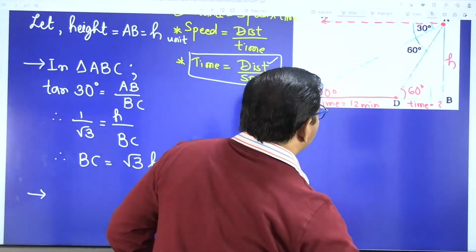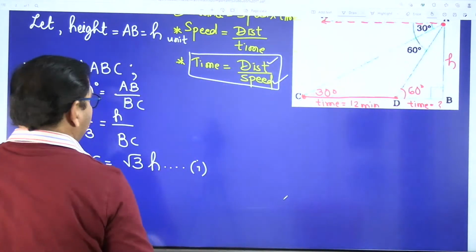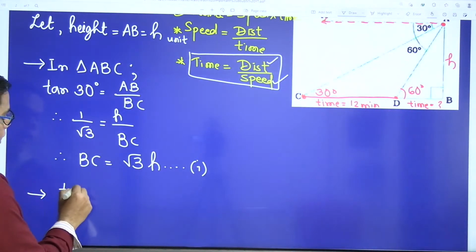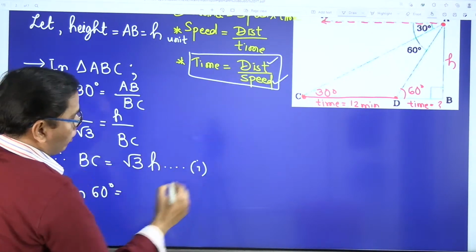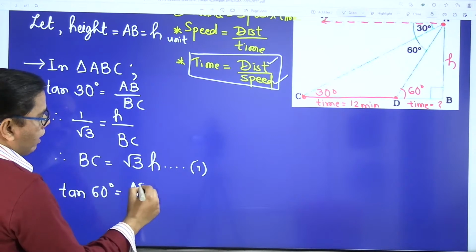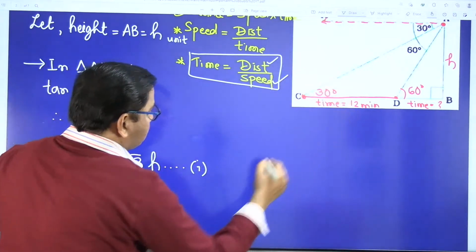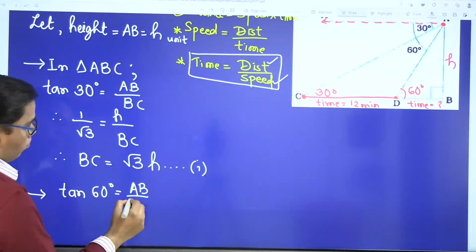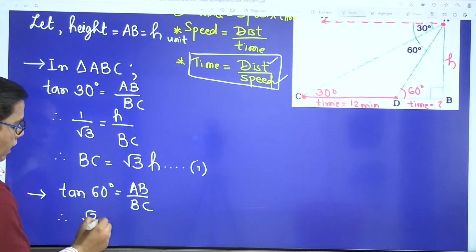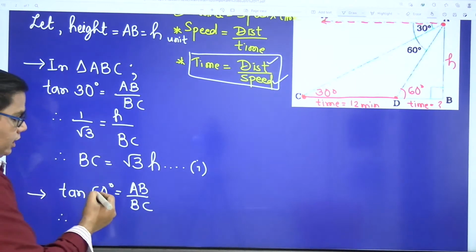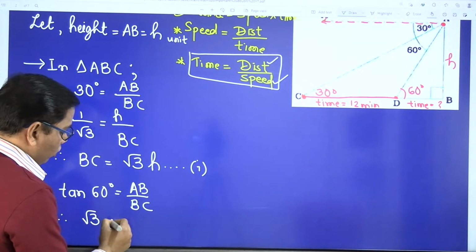Okay, so in triangle ABD, I have 60 degree. So tan 60 degree is equal to the opposite side which is AB upon the adjacent side, that is side BD. Value of tan 60, again a standard angle, 60 degree, so this value is root 3.